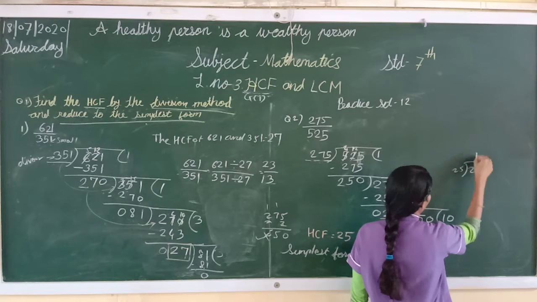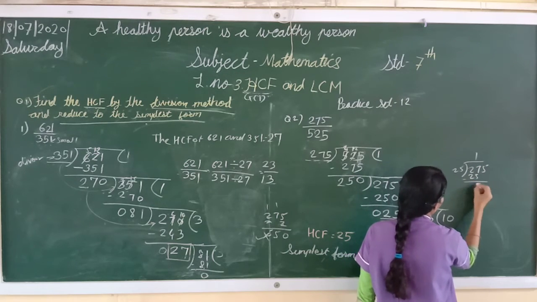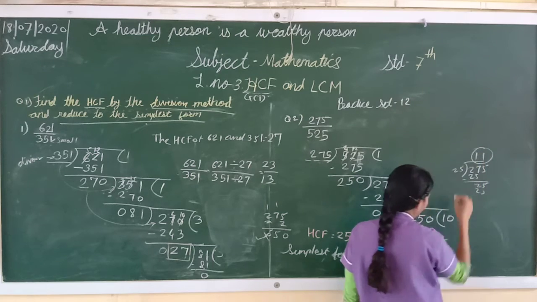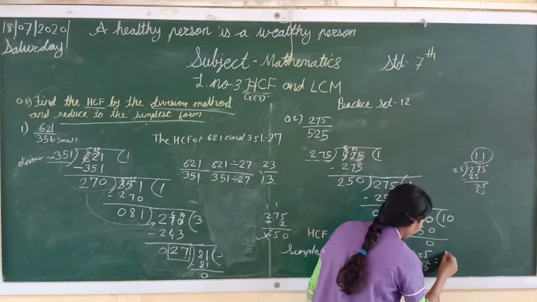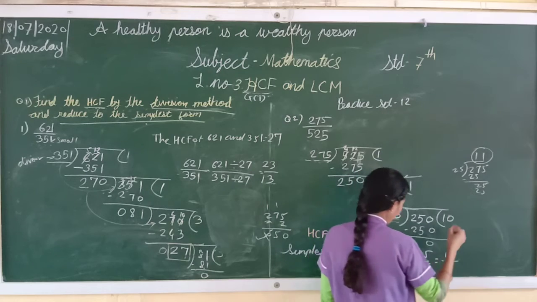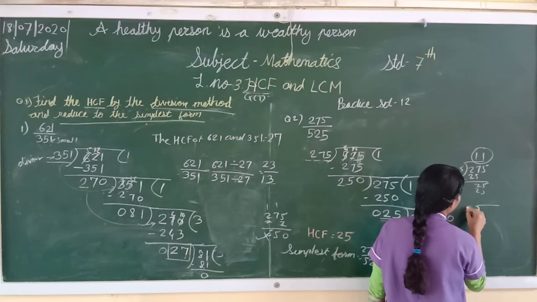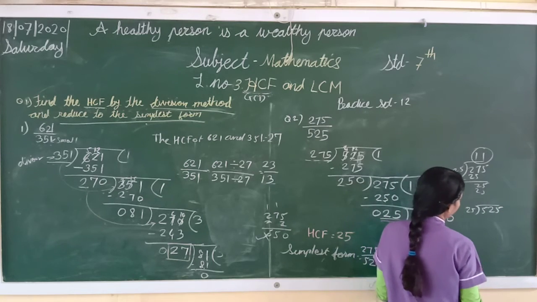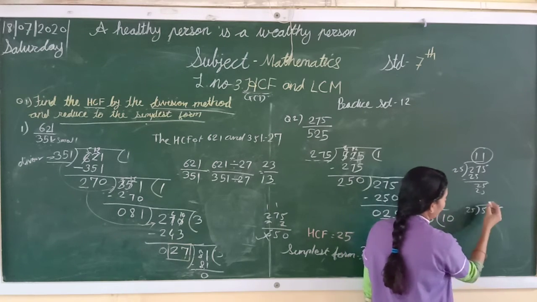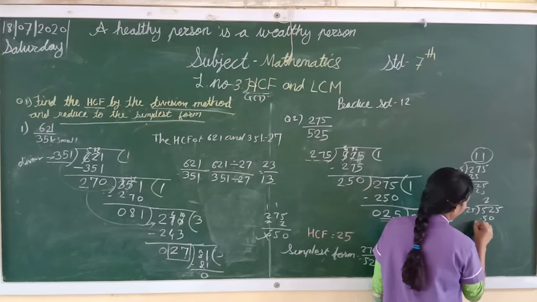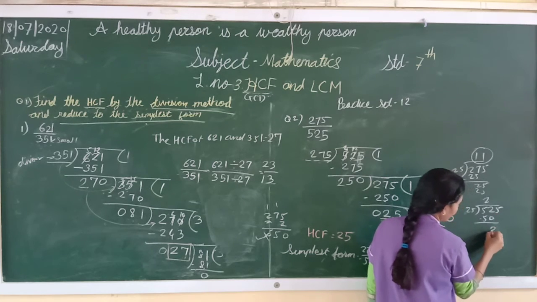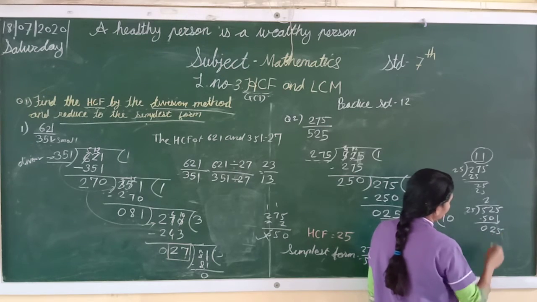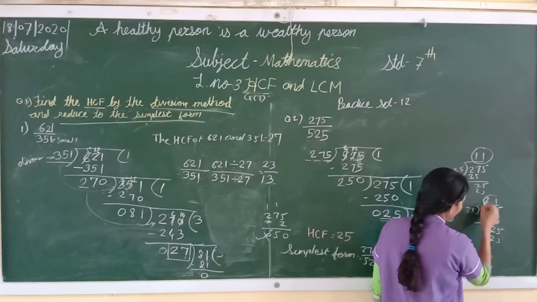So now students do 275. 25 ones are 25. 25 ones are 25. How much is the quotient? 11. So 11. Again 525. 25 ones are 25. 25 twos are 50. 2 minus 0, 2. 5 minus 5, 0. 25 ones are 25.